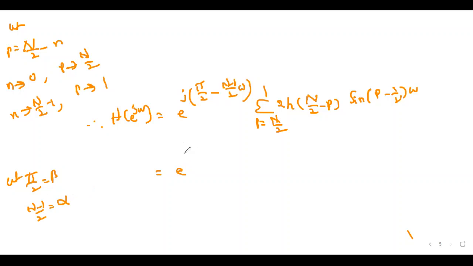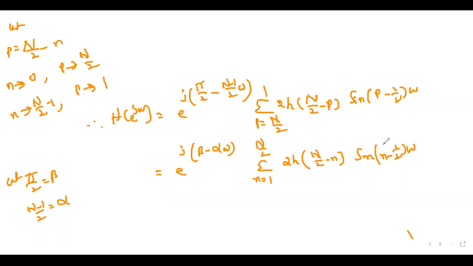Then it is equal to e power j beta minus alpha omega, and in the summation I will change the limits and keep n in place of p. So it is n equal to 1 to n by 2, 2h of n by 2 minus n into sine of n minus 1 by 2 into omega.